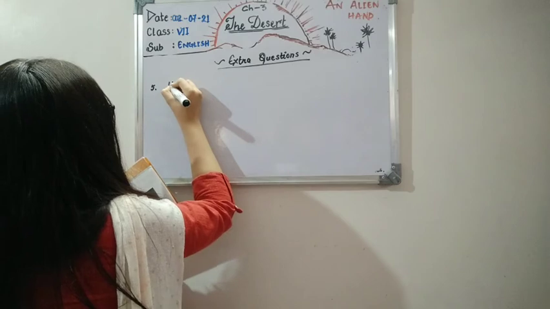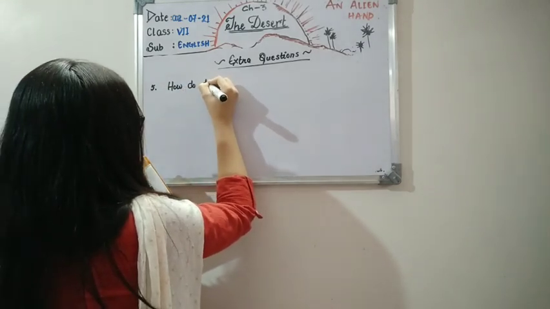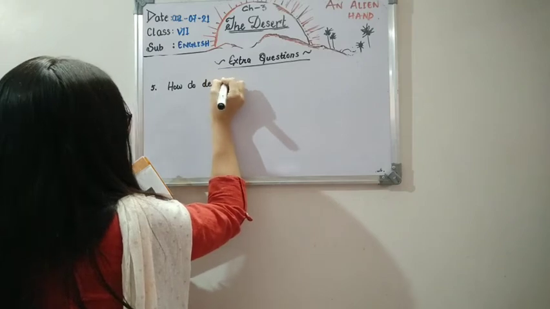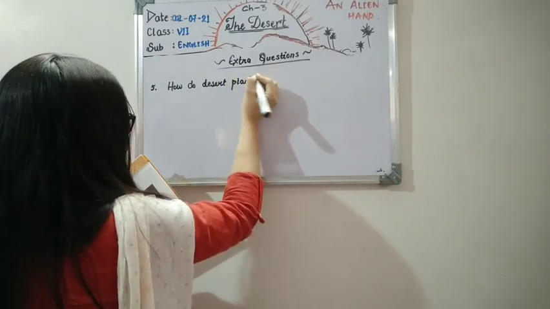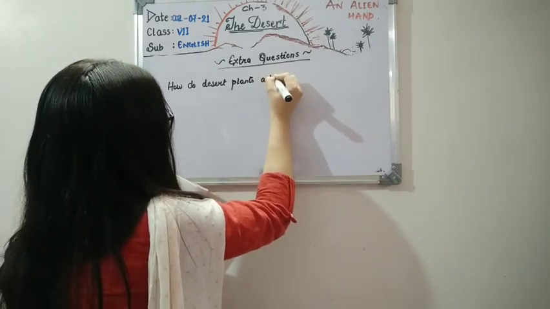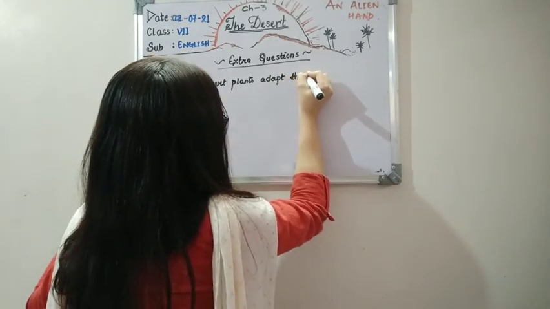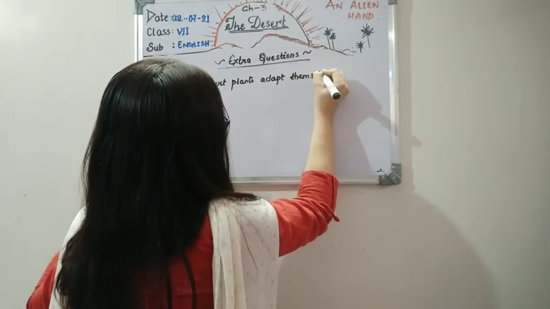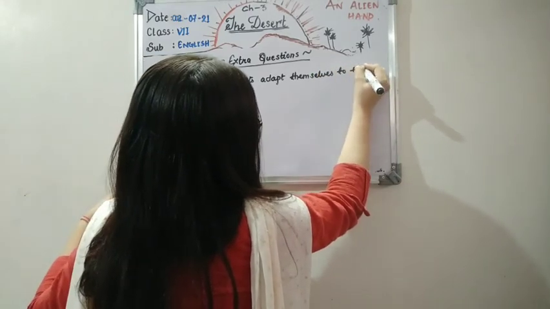How do desert plants adapt themselves to the life in a desert?